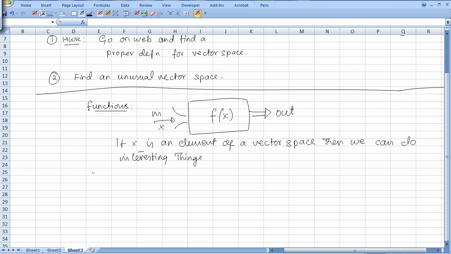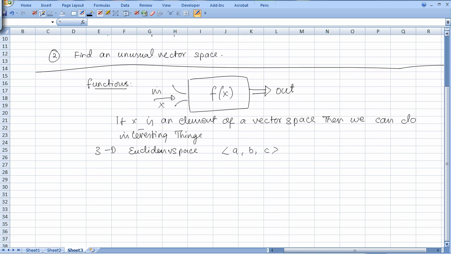So for example, we have three-dimensional Euclidean space, and that's a nice Euclidean vector space, and vectors there look like a, b, c. And I'm going to put this arrow so that it's easy to see, and a, b, c are the components of the vector, and you know all this stuff, so I'm not going to bore you with it.